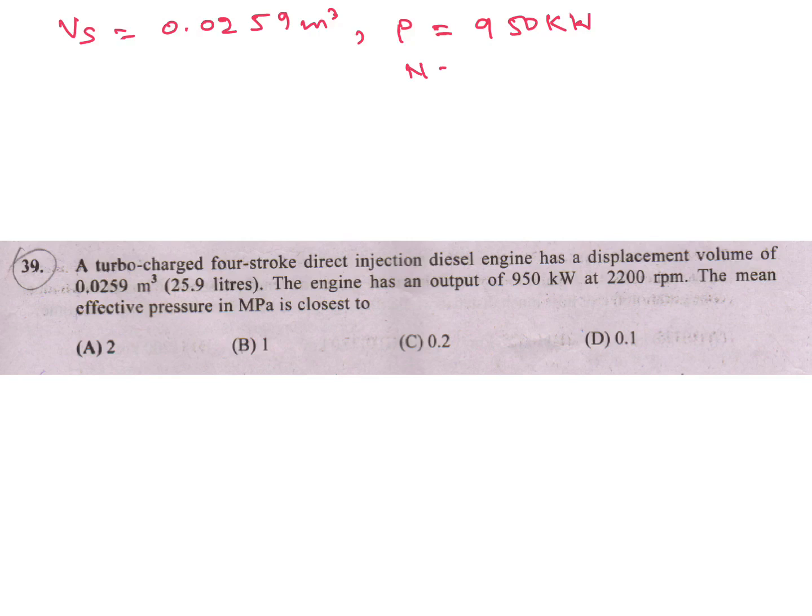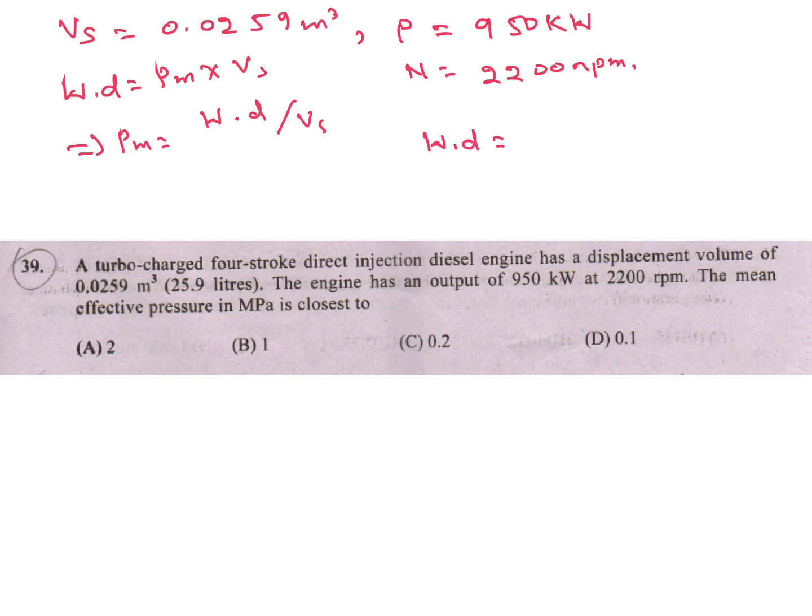2200 RPM. We know work done equal to PM into Vs. We have to calculate PM. PM equal to work done by Vs. So work done first we have to calculate. Work done is 950, it's in kilowatts, so 10 to the power 3 divided by 2200.